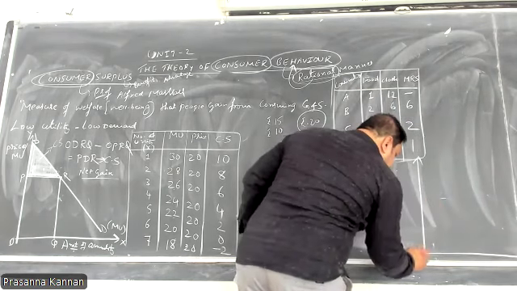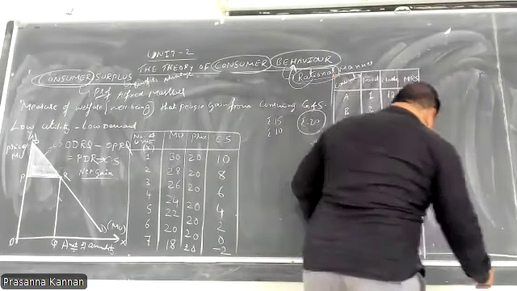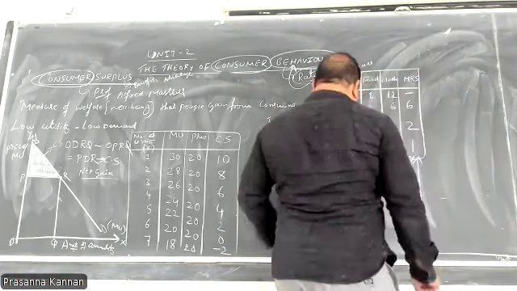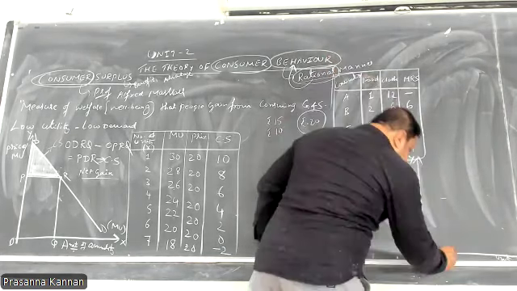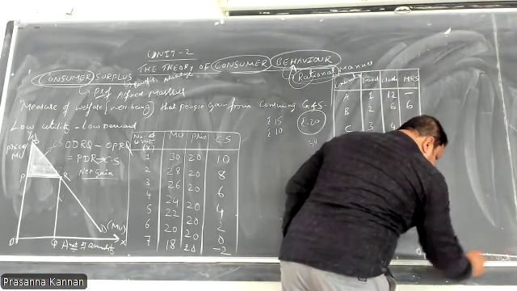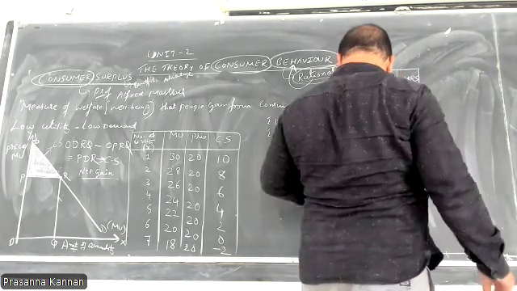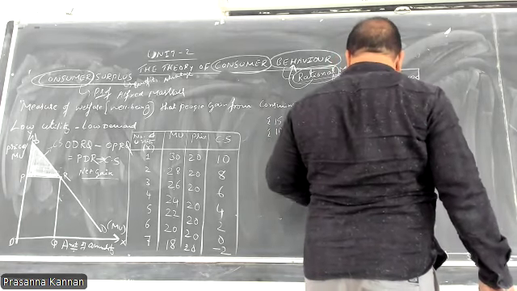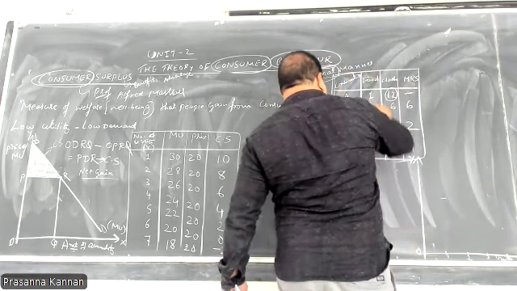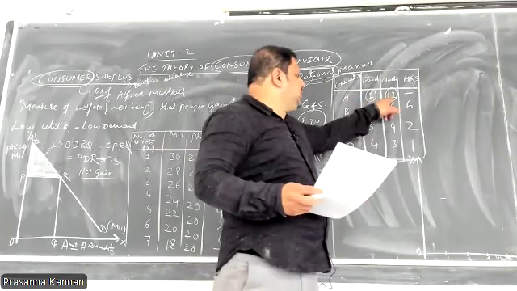Yes. See, this is OX. This is OY. Units of production. How many units are there? 4, right? So let me take a 1 centimeter difference here: 1, 2, 3, 4. Here on the y axis, we have the combinations, where the minimum is 1 and the maximum is 12.